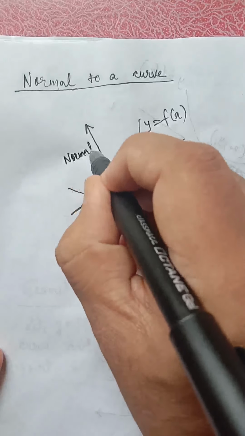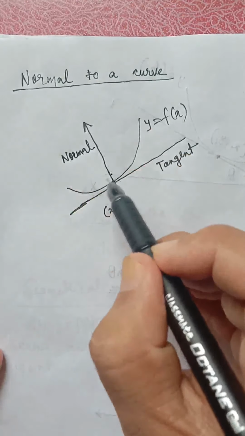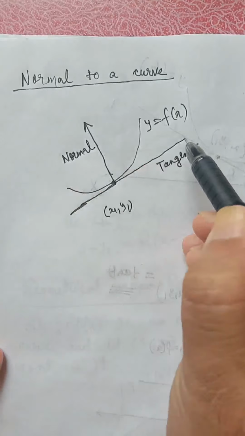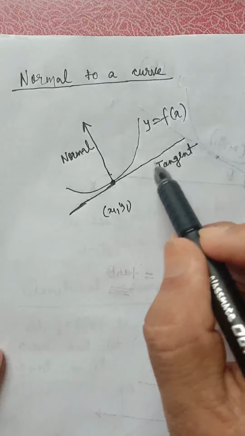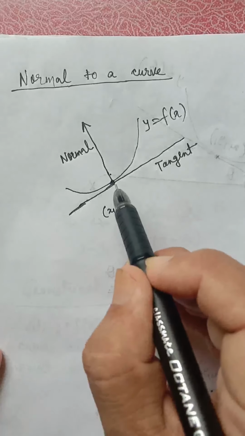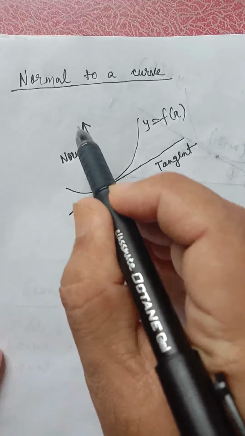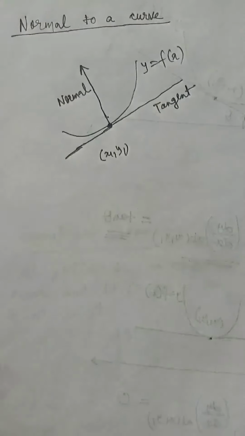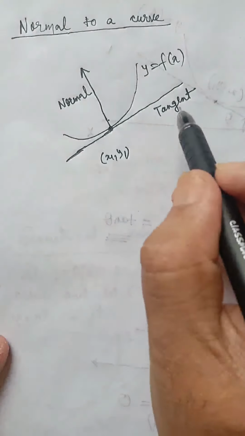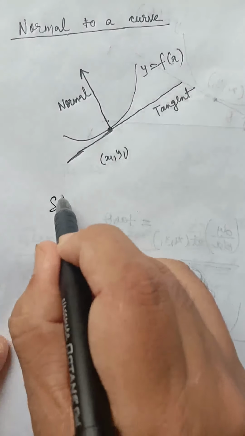The normal is perpendicular to the tangent at the point of contact. The tangent meets the curve at (x1, y1), and the normal is perpendicular to the tangent at the point (x1, y1).